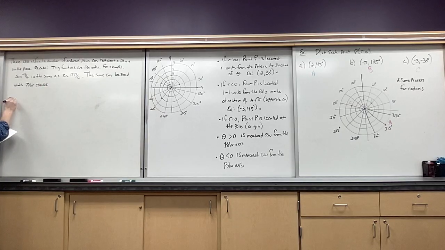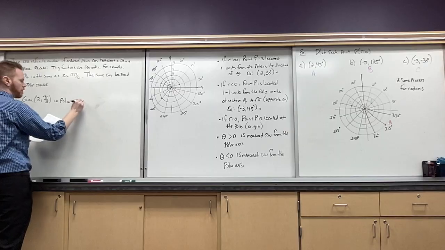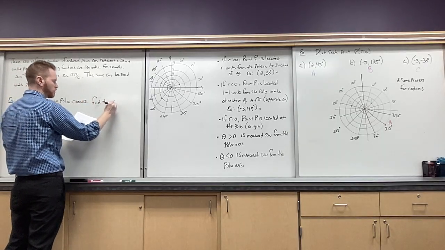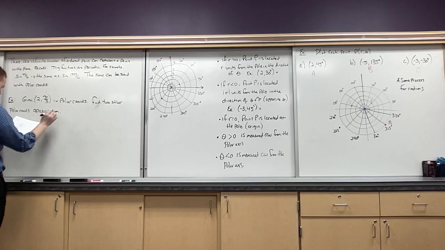So let's try an example out. We are given 2 and pi over 3 in polar coordinates. We want to find 2 other polar coordinate representations.